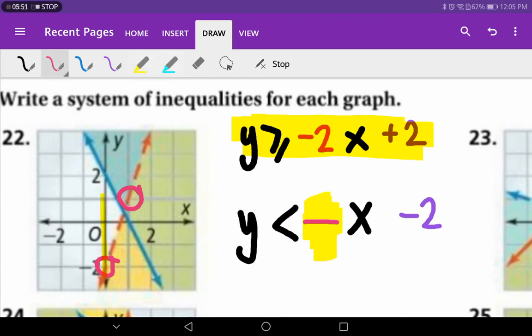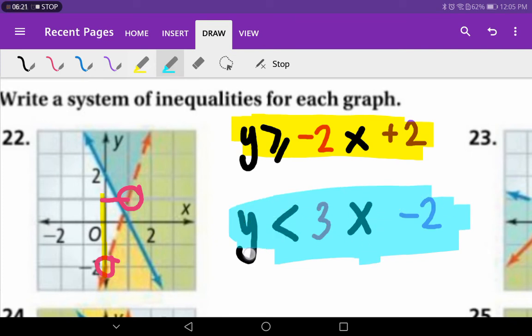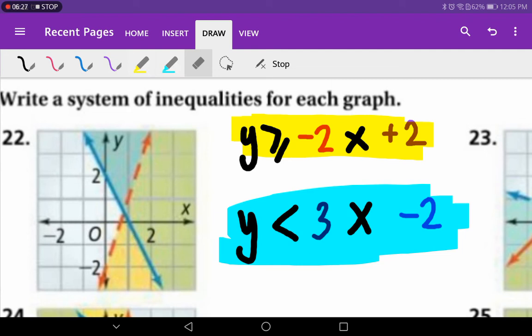So 3 up, I will write here 3, and 1 to the right. Okay, 3 over 1. All of my students know that 3 over 1 is 3, yes. Okay, my dear students, so this is the second inequality. So the system is y greater than -2x plus 2 and y less than 3x -2. Okay, my dear student, so this system represents this graph.